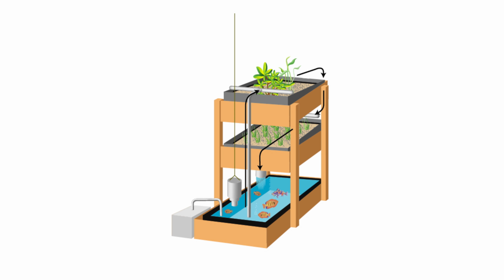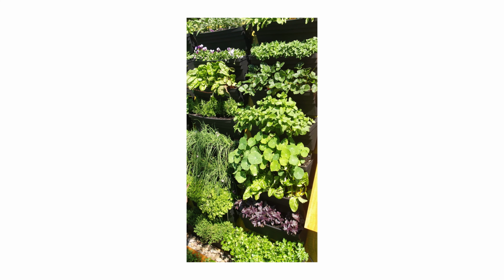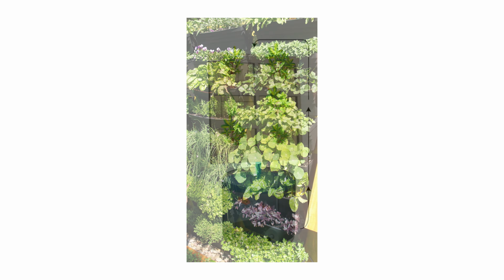Other systems may have multiple beds for growing plants. Some systems grow plants in a vertical garden, then collect the runoff in a fish tank below.